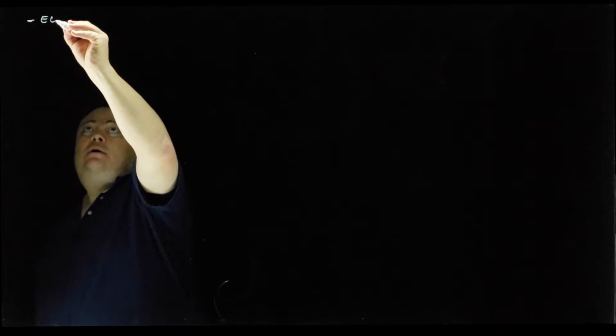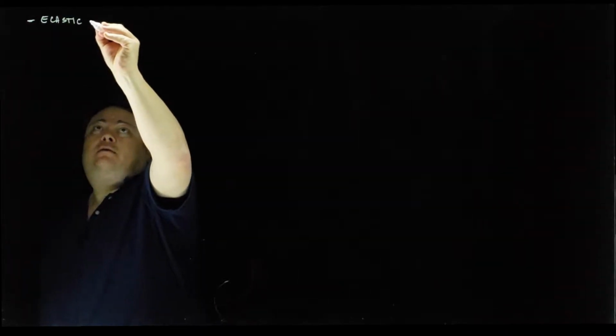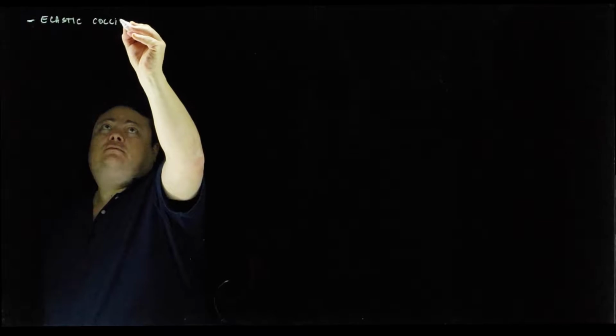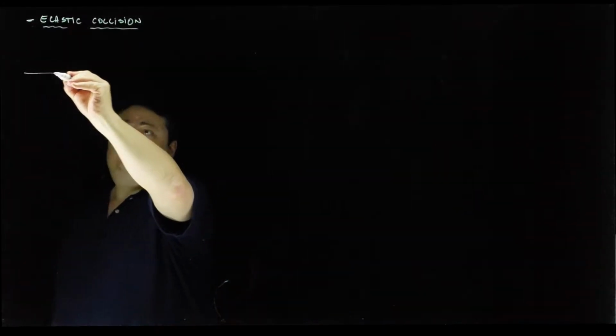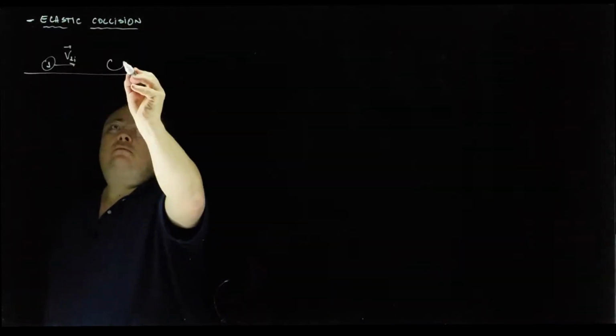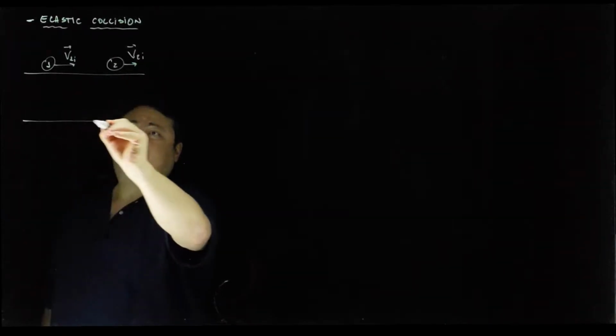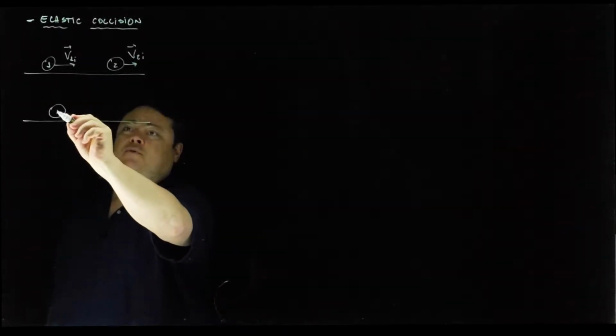When the two objects that are colliding are elastic, we have what we'll call elastic collision. And in an elastic collision, the objects will approximate each other, collide, and then separate.